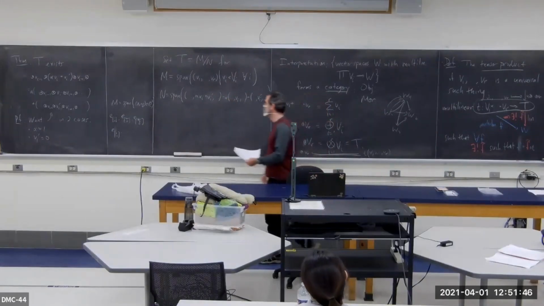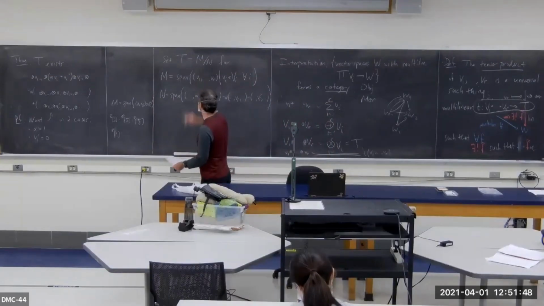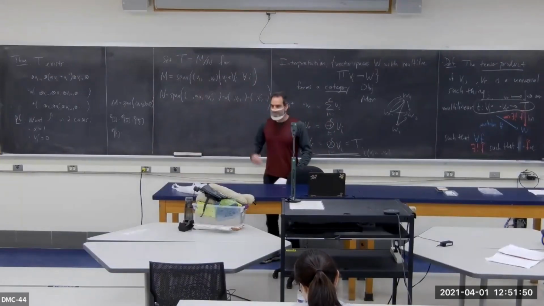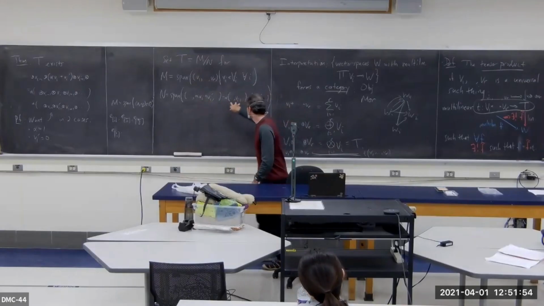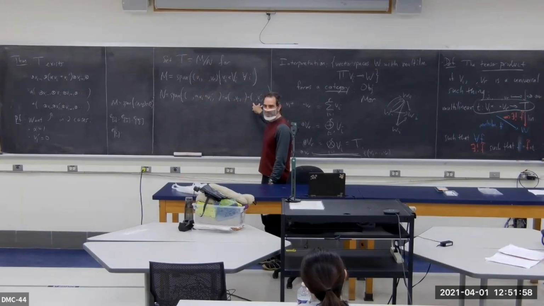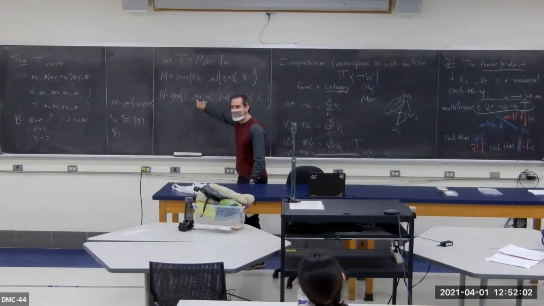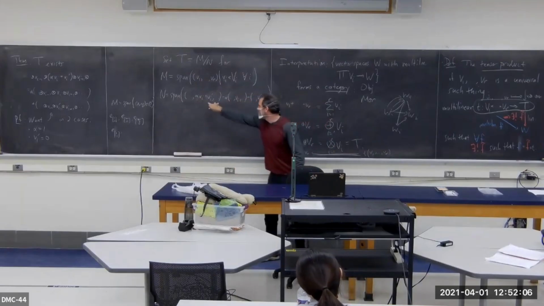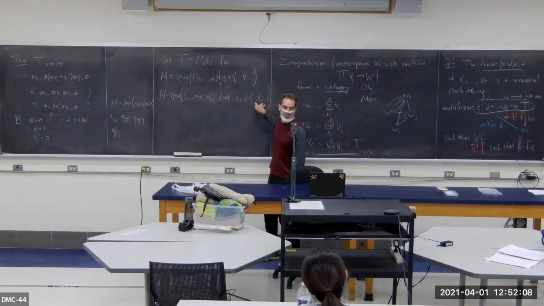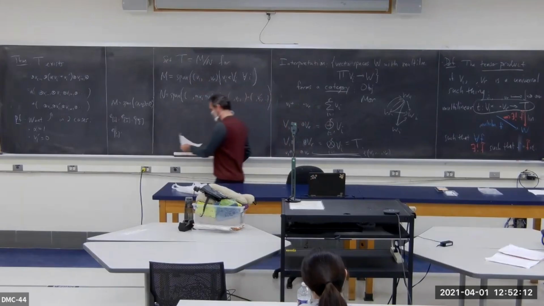So in the quotient M mod N, this guy is equal to this one plus that one, because this one minus that one is 0, since it's in N.